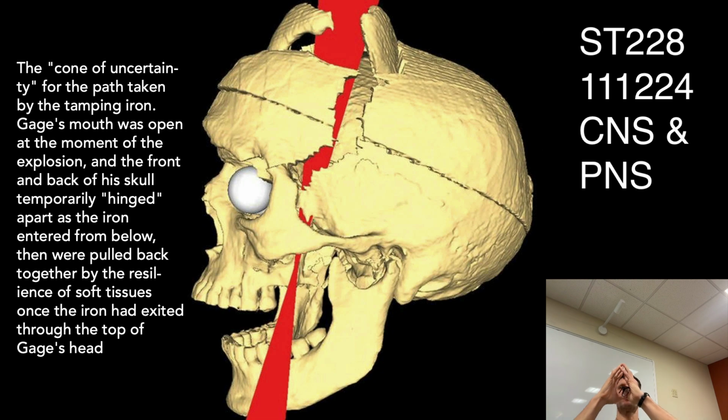So his head split, and apparently it temporarily hinged. His face and the back of his skull hinged. He had a fracture that went all the way across from one side to the other. The whole skull split in half and then hinged and came back together.